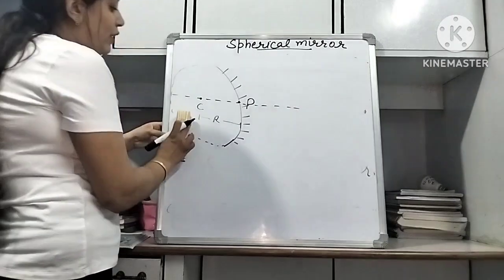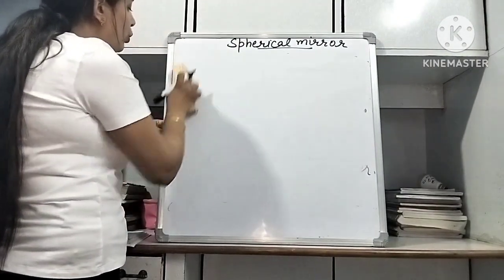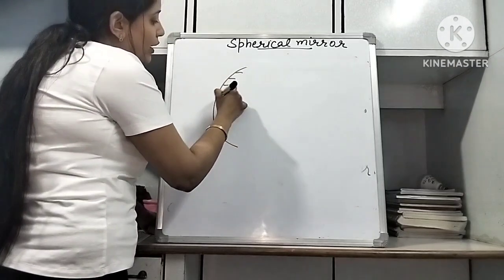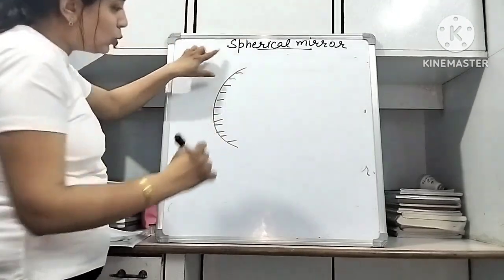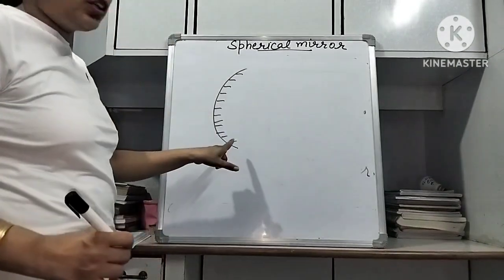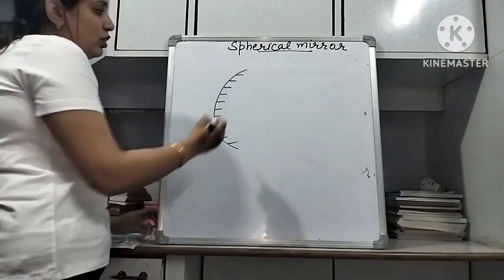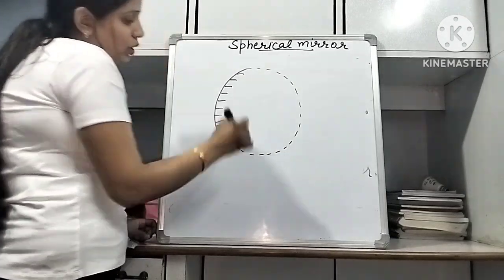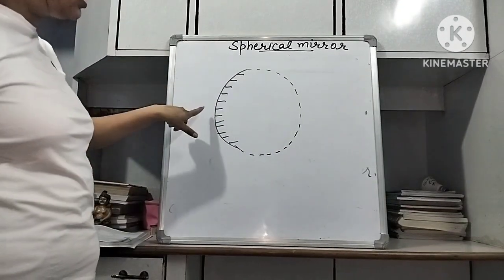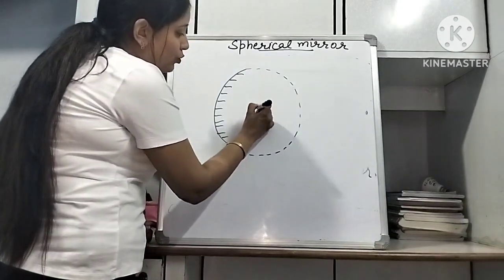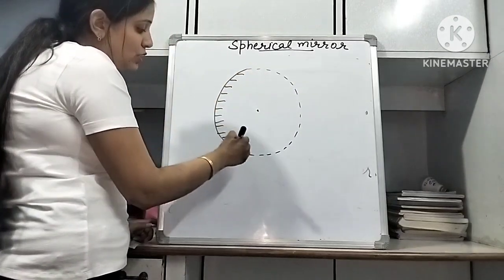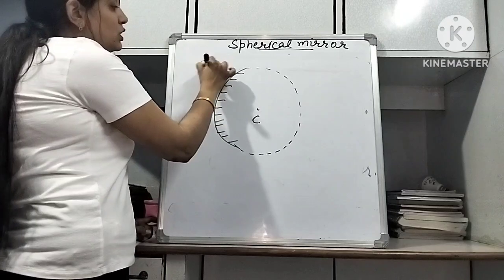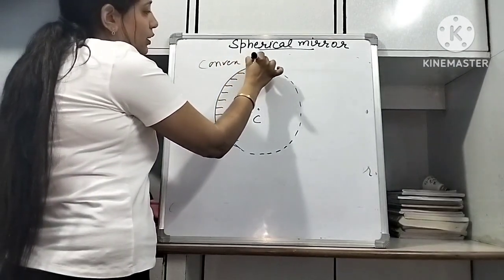So in the case of a convex mirror, if we draw the convex mirror, this is a convex mirror whose bulging outward surface is the reflecting surface. This mirror is made up of this hollow sphere. So what is the center of curvature of this convex mirror? The center of this hollow sphere from which this mirror is made up of is known as the center of curvature of this convex mirror.